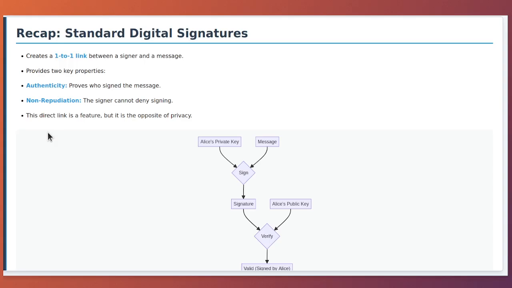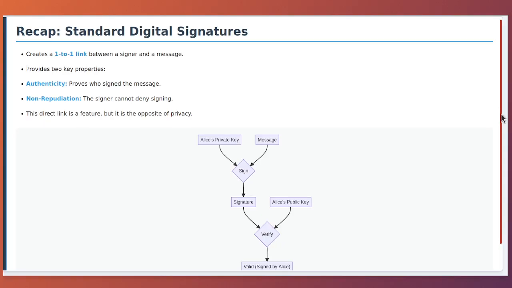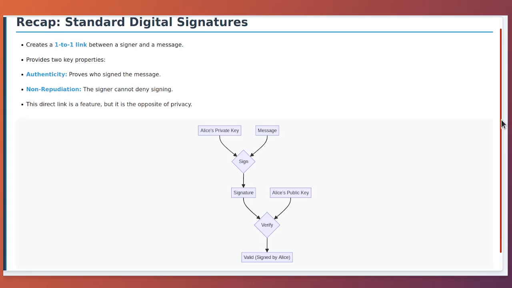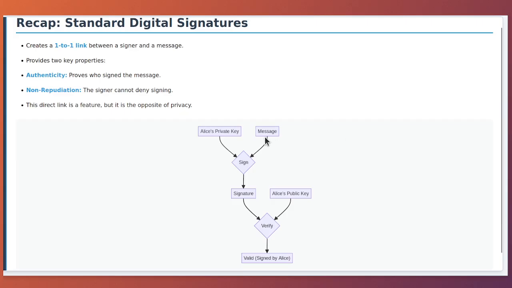Recap. Standard digital signatures. Before we dive into the specifics of ring signatures, let's quickly recap what a standard digital signature does. A signature scheme like ECDSA or Schnorr creates an undeniable, one-to-one link between a single person and a single message. When Alice signs a message with her private key, she produces a signature that can only be verified with her corresponding public key.